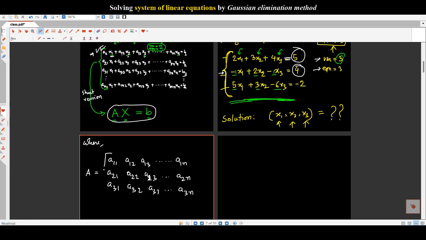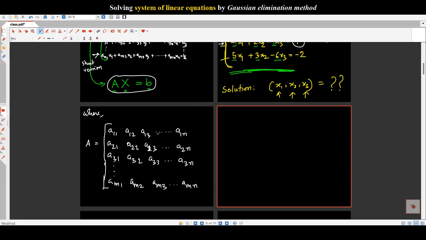And if we go in this way, you can see that we have the last equation here, that is AM1, AM2, AM3 up to AMN. So this is our last equation, and so we have taken the coefficients of every variable from the last equation, and now you can see we have a matrix.